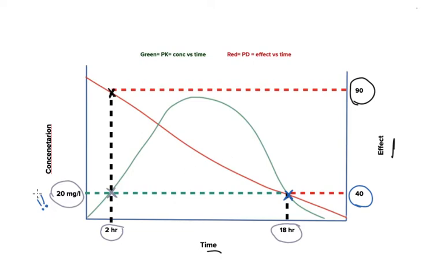The total concentration of a drug equals the active form of the drug plus the inactive metabolite. So the concentration will always be the same, but the effect will be reduced when there is formation of metabolite, because these metabolites will not be able to bind to the receptor and produce an effect, but still they are in the concentration.